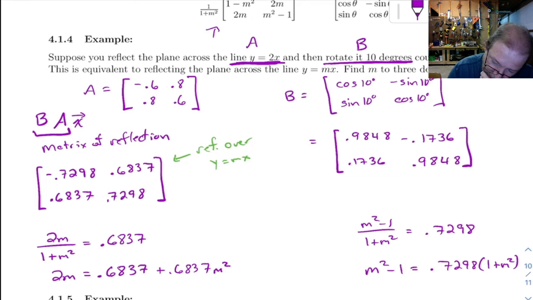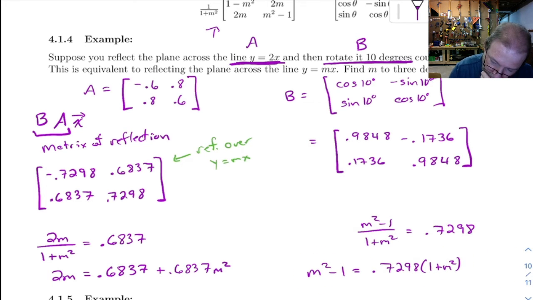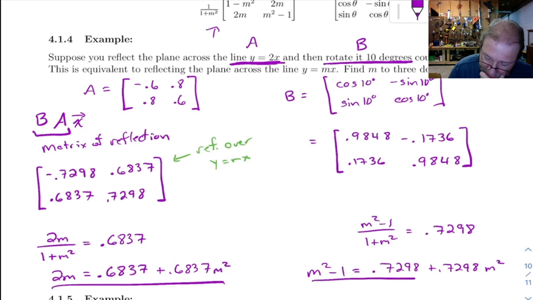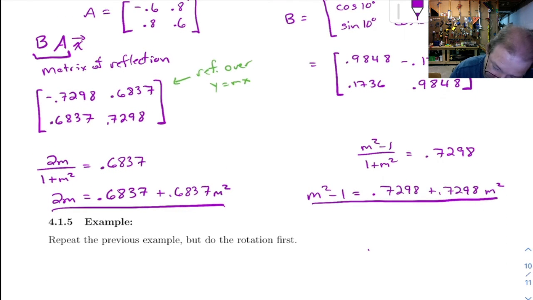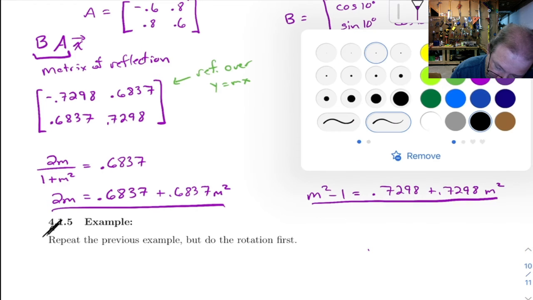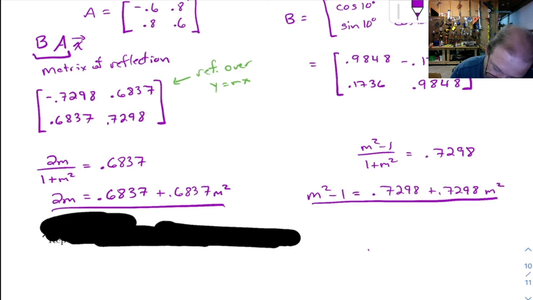Let's go ahead and distribute that out. So we get 0.7298 times 1 plus 0.7298 times m squared. So we've got to solve this equation and this equation. Now both of these are going to have two solutions. Let's scribble this out. We're just going to use the rest of the space on this page to solve this.